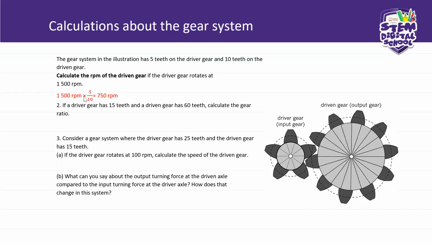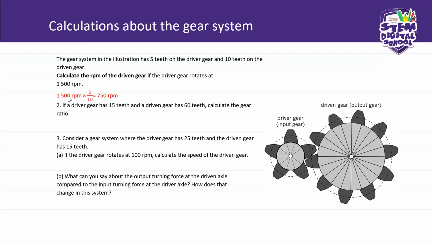So we are going to take the revolutions per minute that we are given and multiply them by the number of teeth on the driver gear divided by the number of teeth on the driven gear. Then the answer will be 750 revolutions per minute. Now, this is the revolutions per minute of the driven gear. That is what we are calculating.